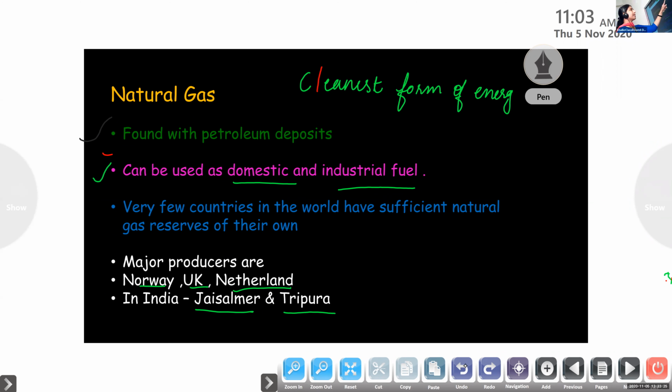That's why we use the sentence here: it is the cleanest form of energy, because it emits the least amount of carbon dioxide. Clear?